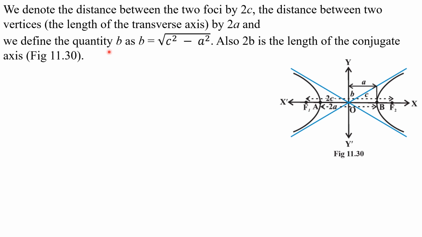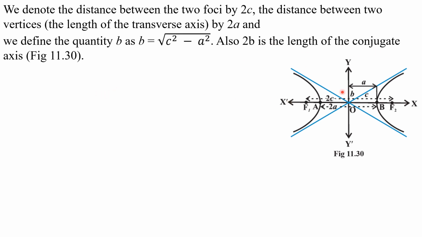And we define the quantity b as root of c square minus a square. This is the relationship between a, b and c of hyperbola. Okay, my children. Also 2b is the length of the conjugate axis.